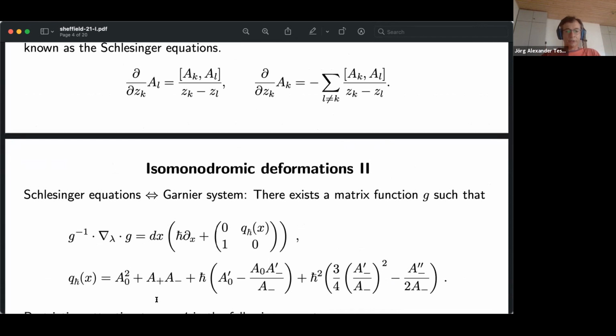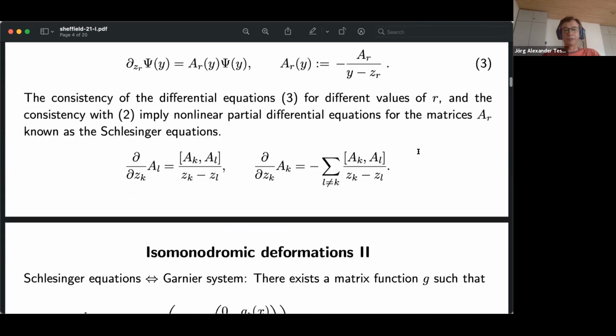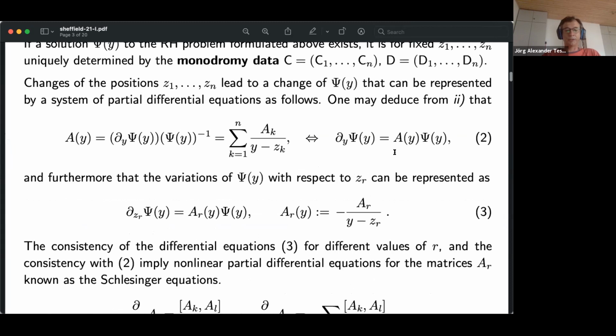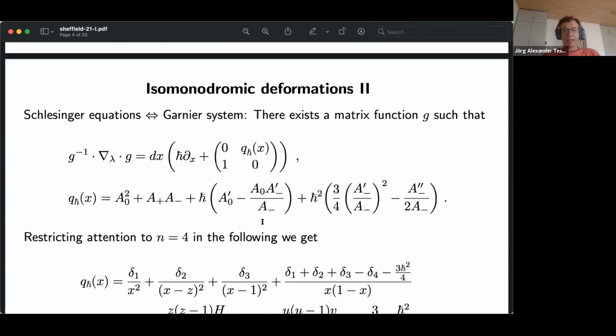What you see here is that this matrix Q H bar of X is formed out of the matrix elements. So it does not contain any new information. It is just a combination of the matrix elements of this connection 1 form A that we started from. But there are some interesting things that happen on the way.